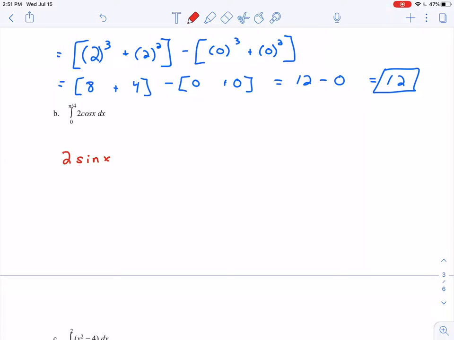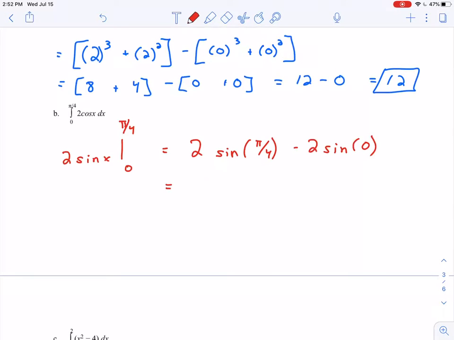Some of these antiderivatives, we haven't done in a little bit. If you're unsure, take the derivative of 2 sine of x. Do we get 2 cosine of x? Well, yep, we do. So I want to take 2 sine of x and evaluate it at pi over 4 and 0. So I'm going to look at 2 times sine of pi over 4 minus 2 times sine of 0.